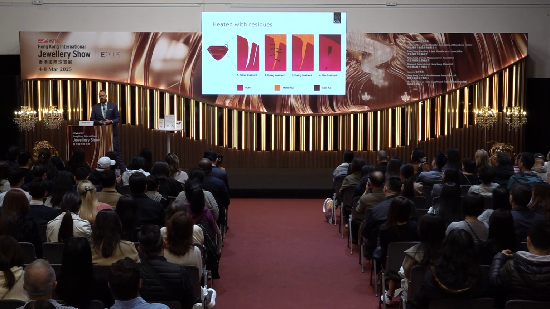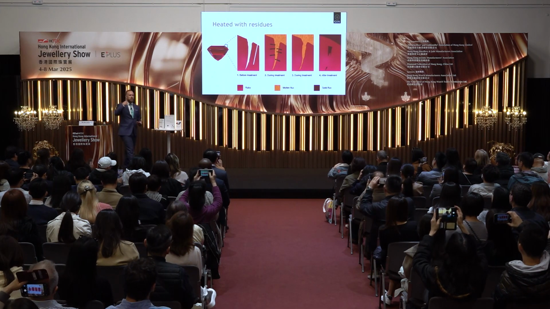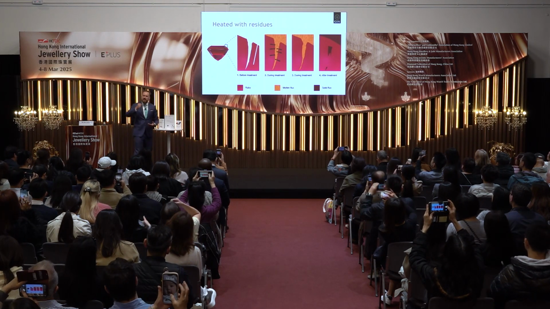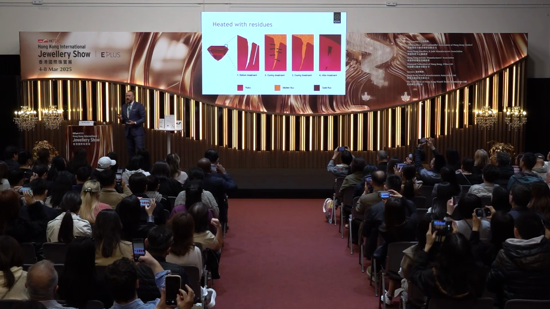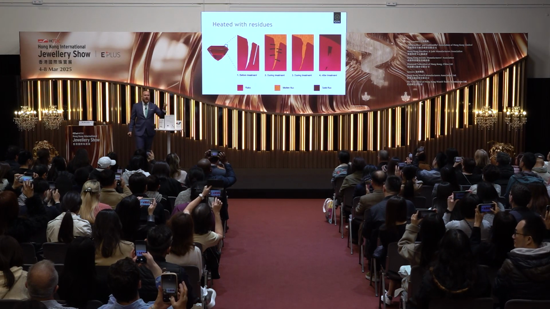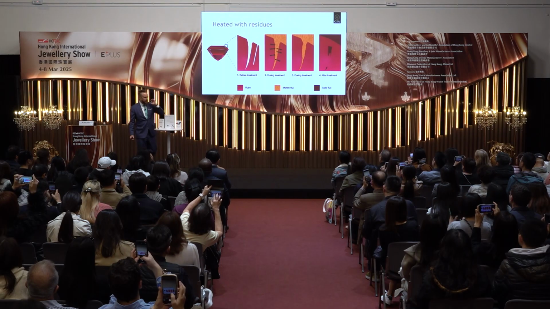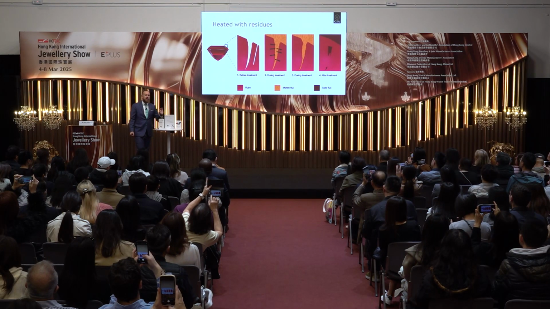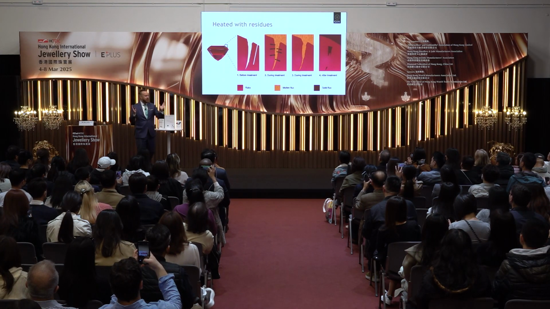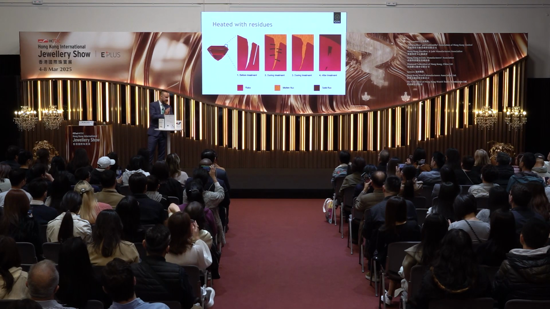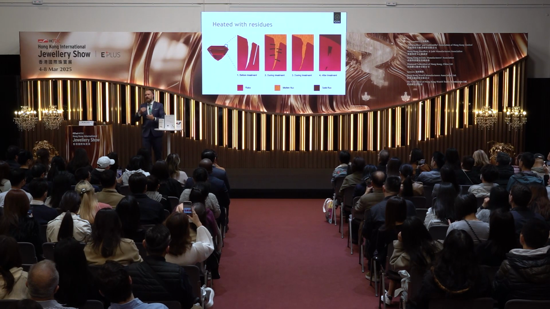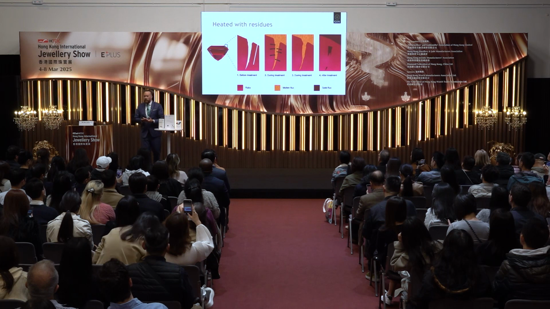So we're going to start with the first one, and that is heat with residue with flux. And it is actually a very complex process that happens there, but basically by adding flux, by putting flux into your fractures, you are able to heal your fractures completely. But of course, healing is never perfect. We have the same thing.